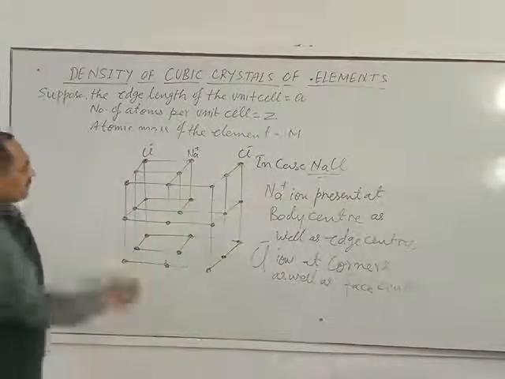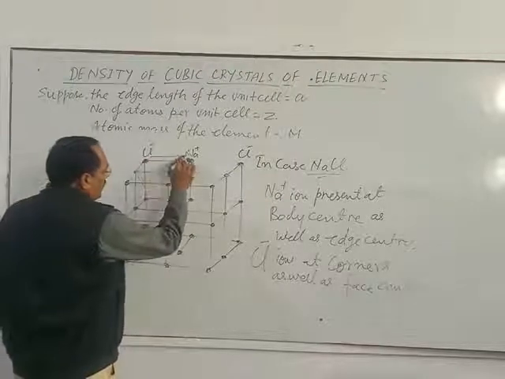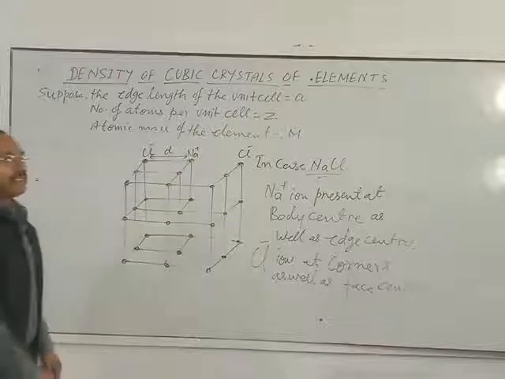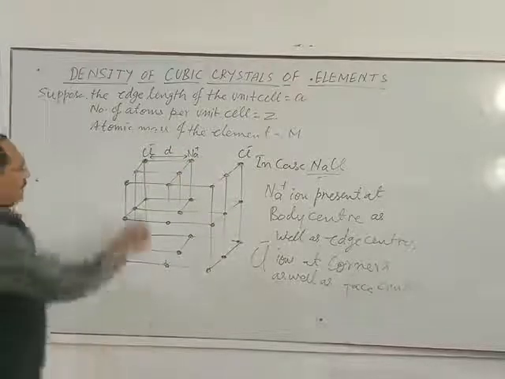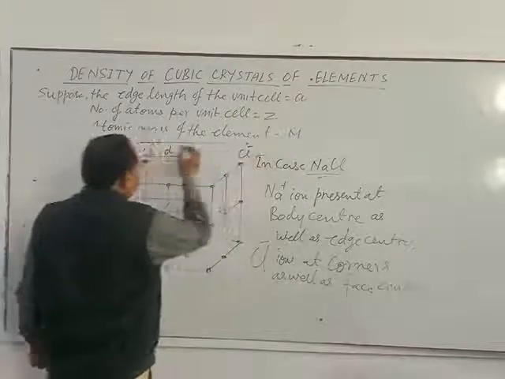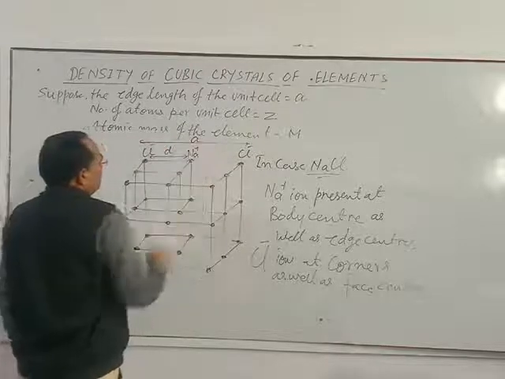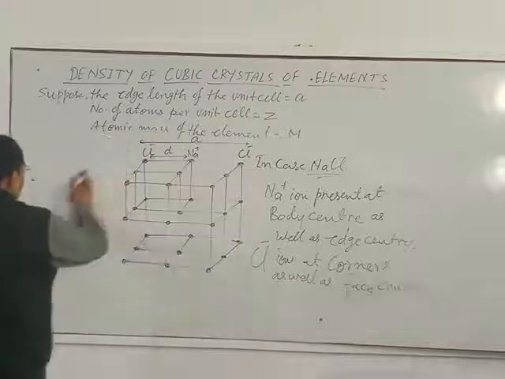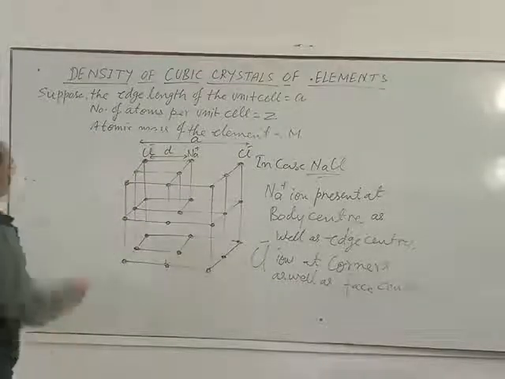In this case, this is the d, distance between nearest neighbors, and this is a. So in this case, what is the value of a?